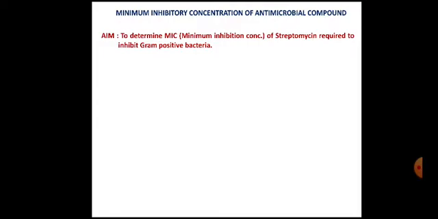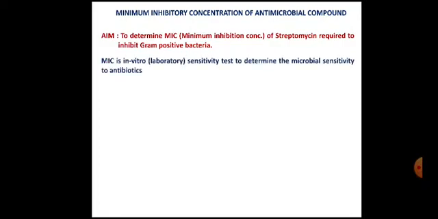Instead of streptomycin, you can consider any other type of antimicrobial compound. This will be just an example. MIC is an in vitro, that is in laboratory, sensitivity test to determine the microbial sensitivity to the antibiotic.